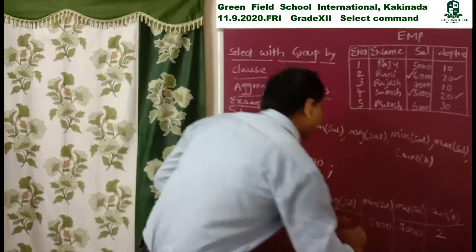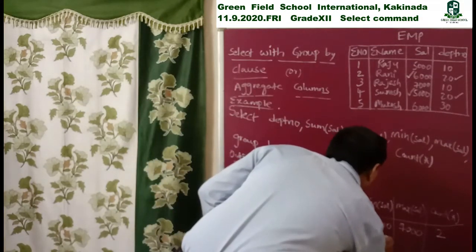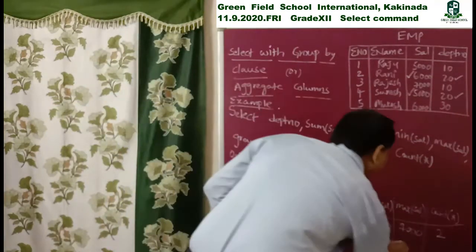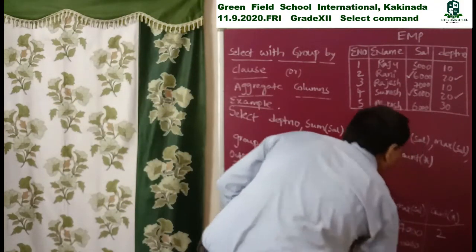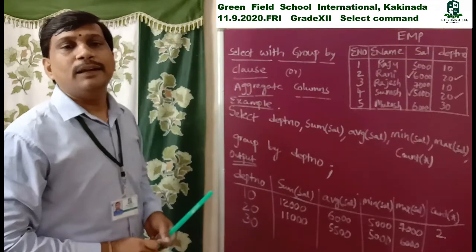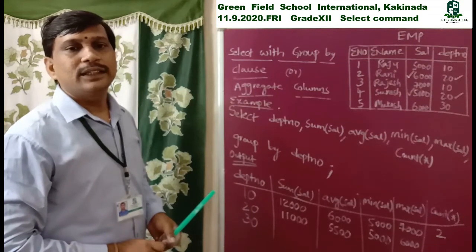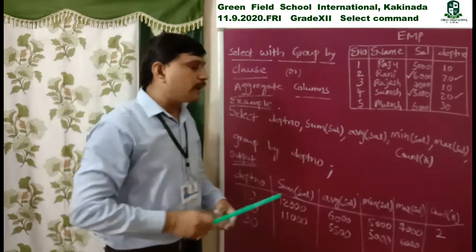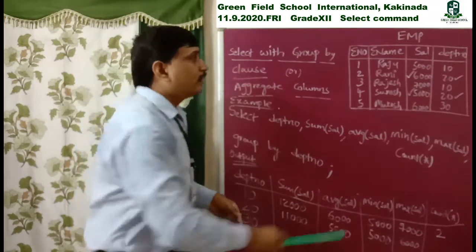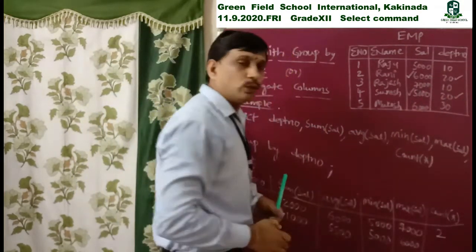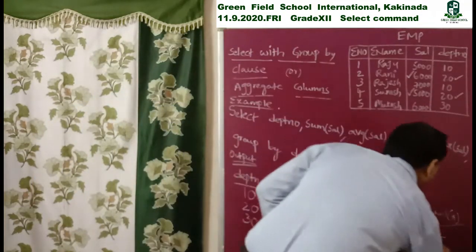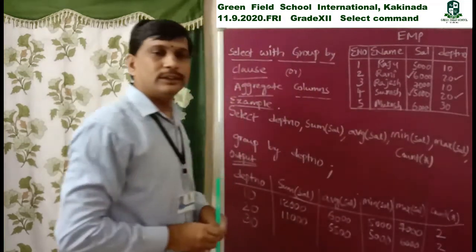Which one is maximum? 6,000. Then I calculate the total number of employees in department number 20. How many employees are there? 1 and 2. Only 2 employees for department number 20. That's why I write 2 here.